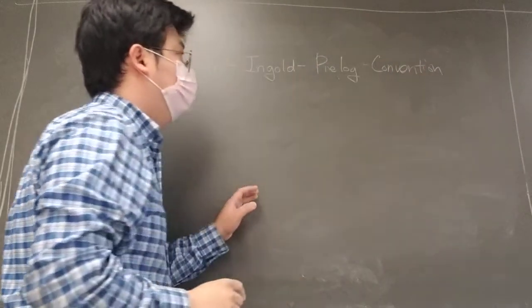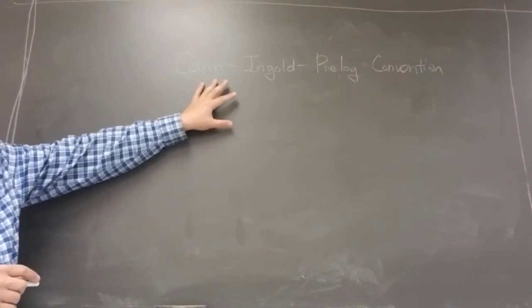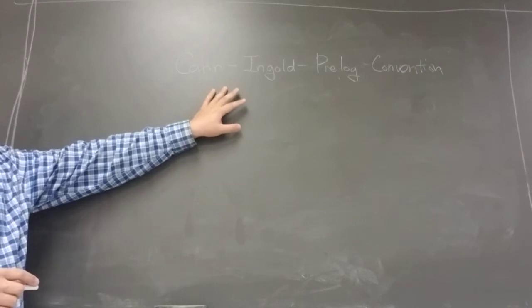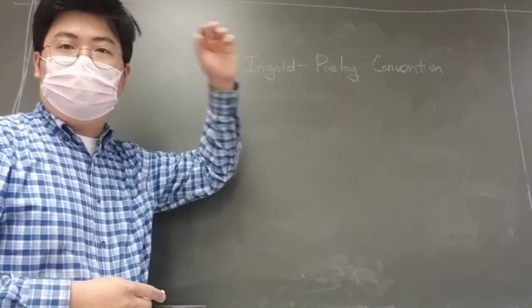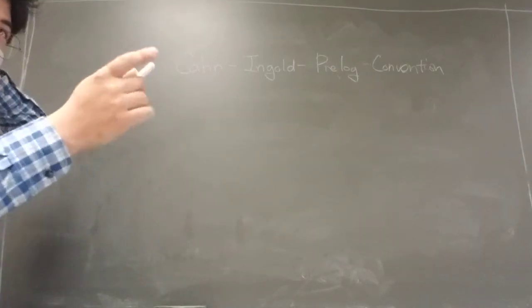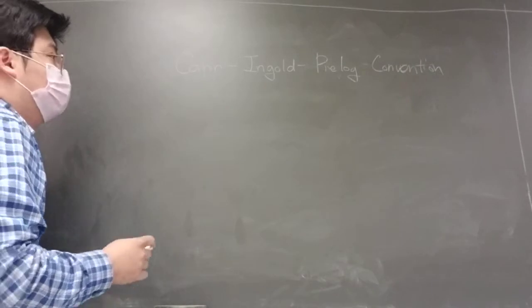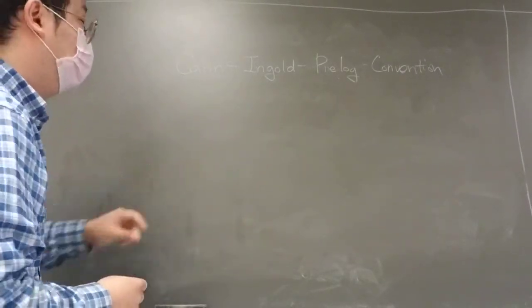Okay, so now you guys know, what does that mean? Cahn-Ingold-Prelog. It's just the series of the last names of three very famous organic chemists. They're all famous people, and we just name it after those three great organic chemists. So this is their last-name convention.